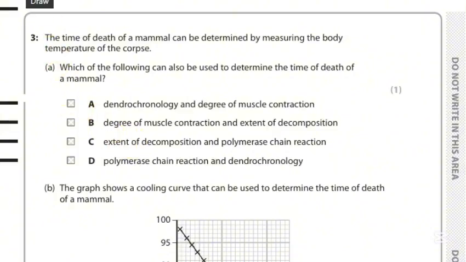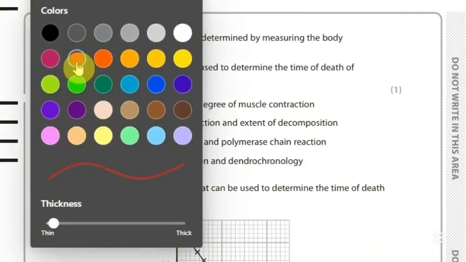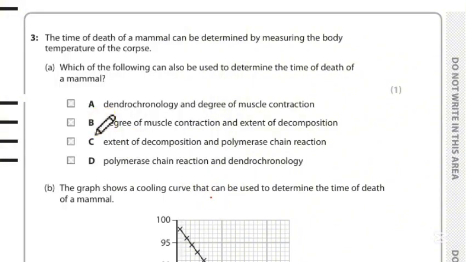So yeah, we can take this as the correct answer, because through finding out the degree of muscle contraction and extent of decomposition, we can figure out the time of the death of the mammal. Okay, so B is the correct answer.